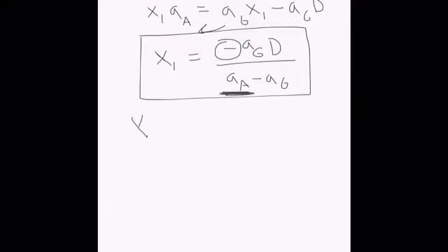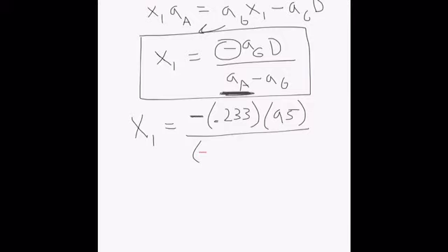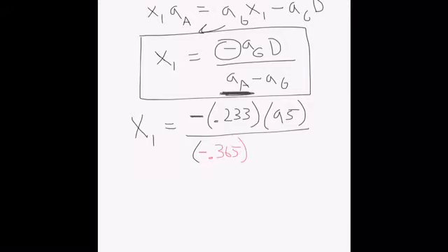So when we plug in, x1 is equal to negative George's acceleration, which is 0.233, times the distance, which we said was 95, divided by, and when we do Alfred's acceleration, we have to factor in that he's moving to the left and speeding up. So his acceleration is actually negative 0.365, and I did it in red here just for effect.